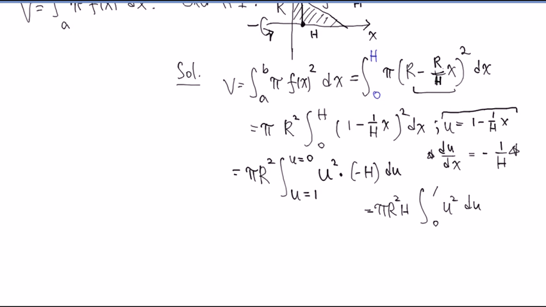All right, so who can do this in your head? Antiderivative of u squared, the definite integral of u squared from 0 to 1. That's a 1/3. I think that's a 1/3. So it's a 1/3. Let me organize like this. Pi times r squared, because I remember something about pi times r squared times h.